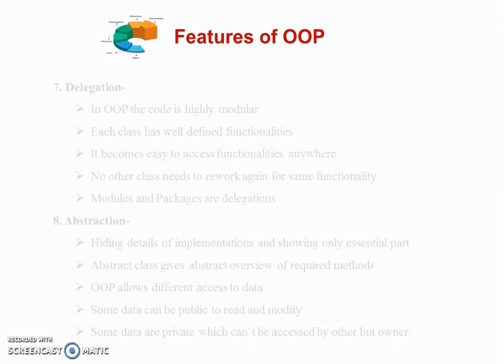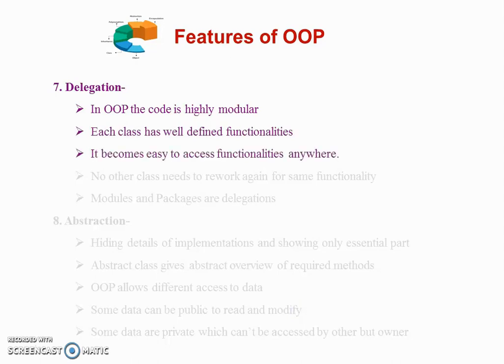Now moving further, the next feature of OOP is known as delegation. In OOP, the code is highly modular. Each class has well-defined functionalities. It becomes easy to access the functionalities anywhere. No other class needs to rework again for the same functionality.